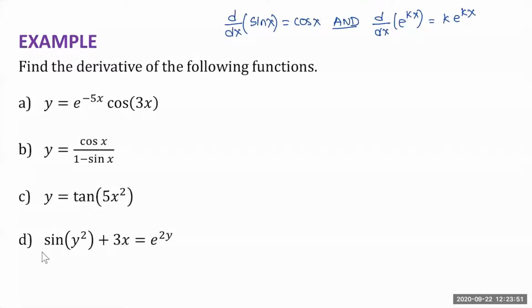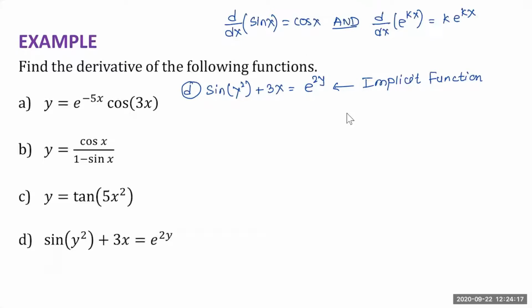Part D, we have sine of y squared plus 3x equal to e to the 2y. And this is your implicit function. This is an implicit function because you cannot solve for y easily.